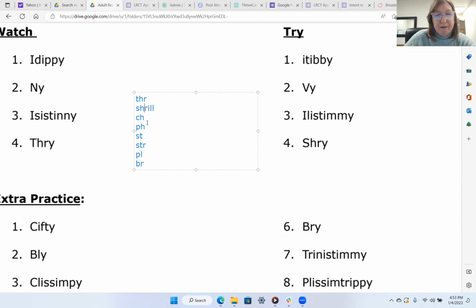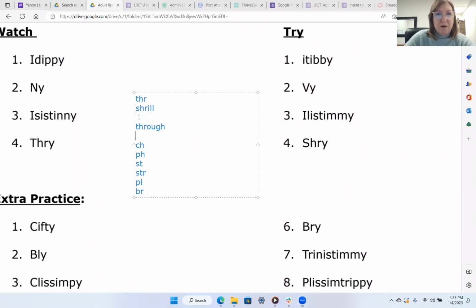Think of another digraph blend. There's through. If you can think of some, go ahead and put them in the chat. Digraph blend words. Let's see what I have here. Oh, good one.